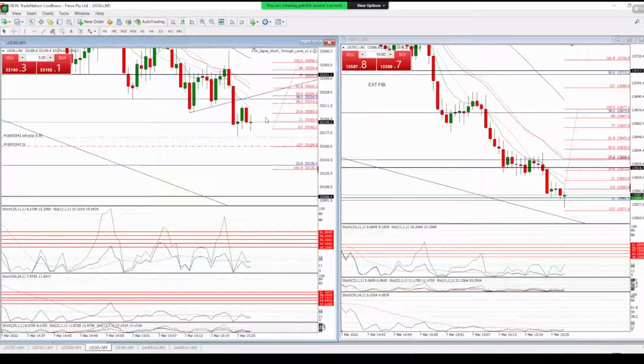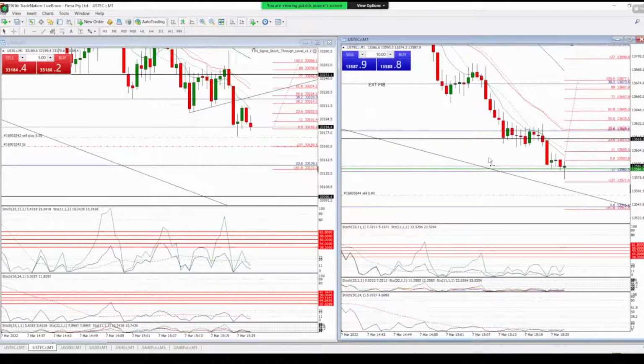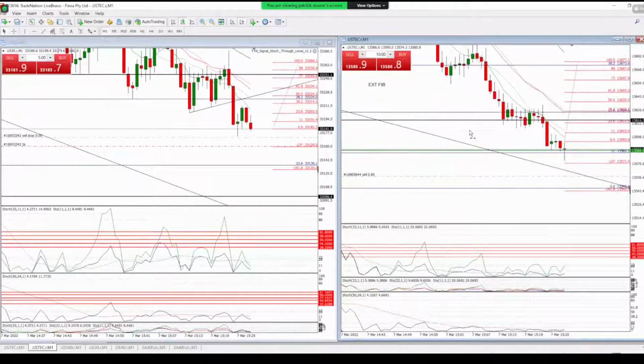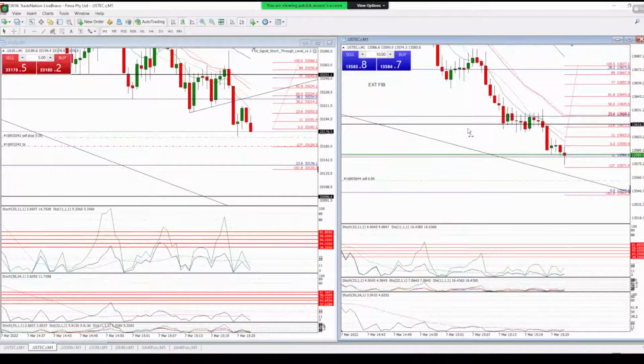These lengths of these 1 minute candles are still long. What is the second target, final target, US tech?